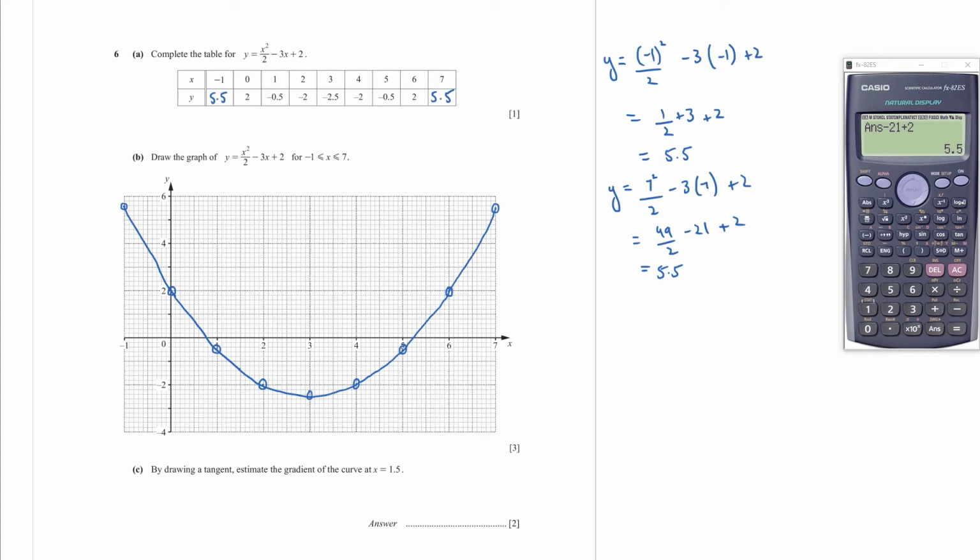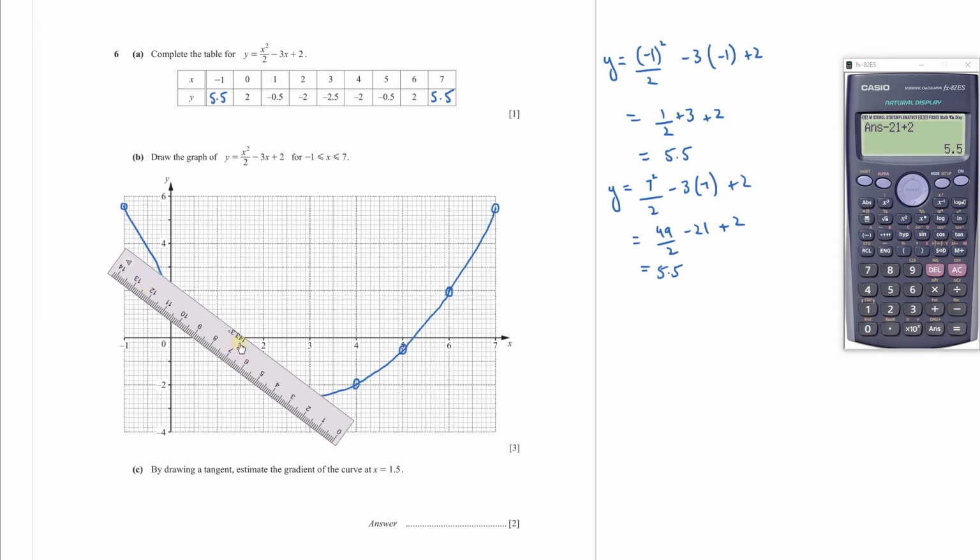So to draw the tangent, I'll use my ruler and draw a straight line that touches the graph of this curve at x equals 1.5. So let me arrange my ruler like this so that it barely touches the curve at this point. So a little bit more towards this side maybe.